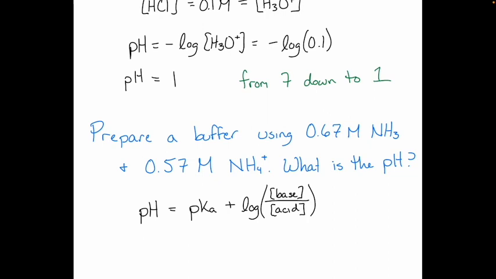Which one's my base? The ammonia, we'll call that A, or the ammonium, we'll call that B. Which one's my base in my log that I'm going to do here? A or B? A. So A is going to be the base form. B has that extra proton. It's going to be the acid form. All right, so I can plug those in.